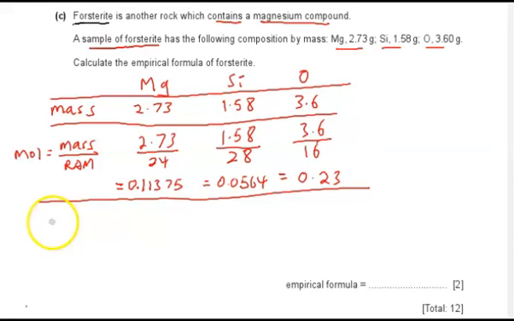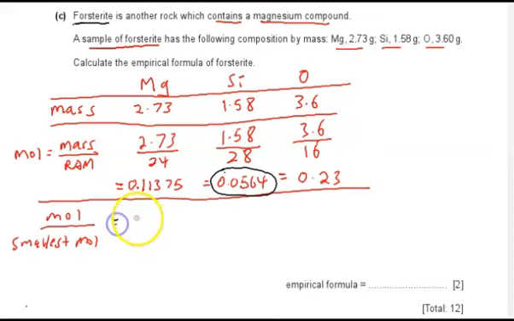Okay, now we have to divide all these moles with the smallest mole. The smallest mole here is the mole of the silicon. So we have to use this to divide with everything here.